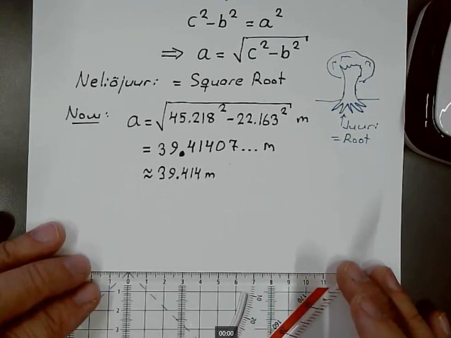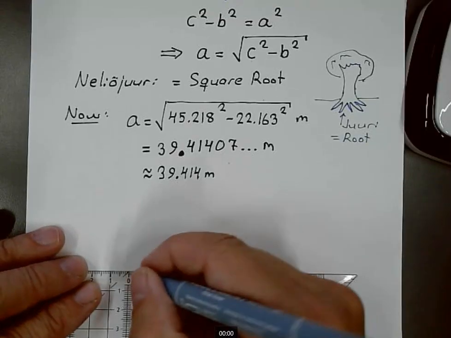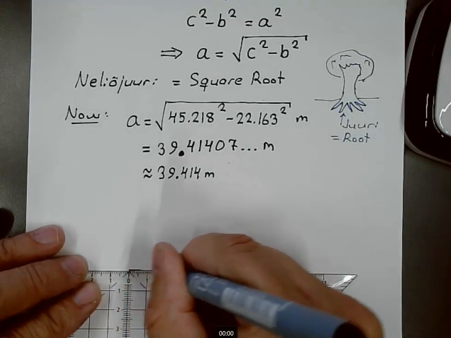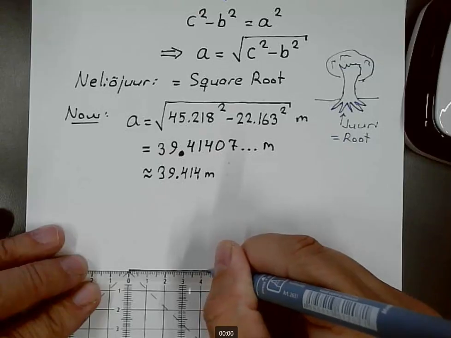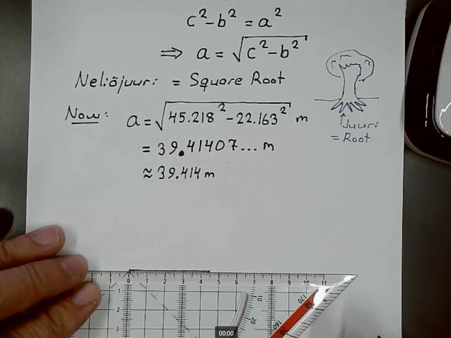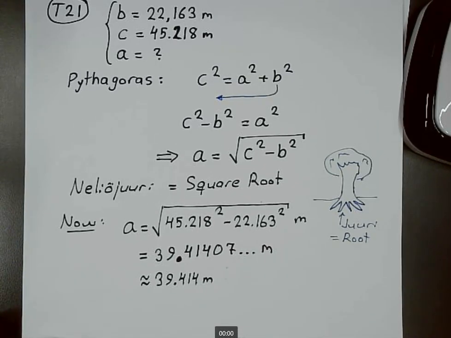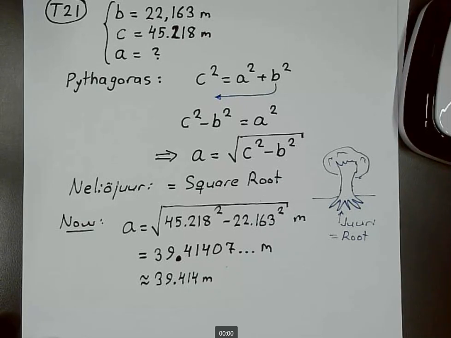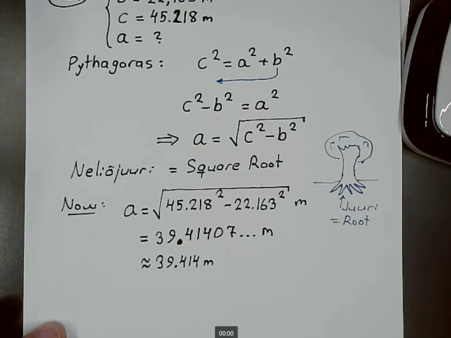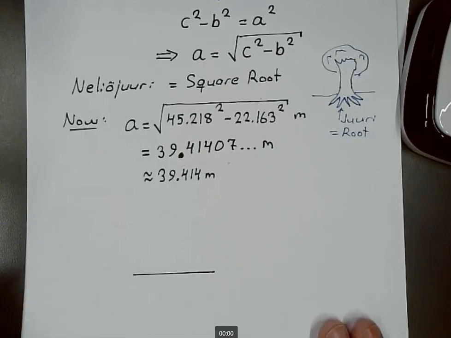I will write 44 here. 44 is about here, and this is the length of B, and then C was 45, so in my scale it means 90.